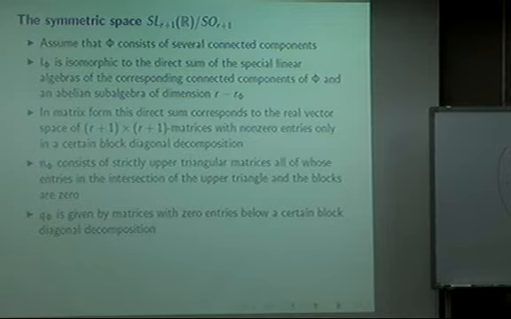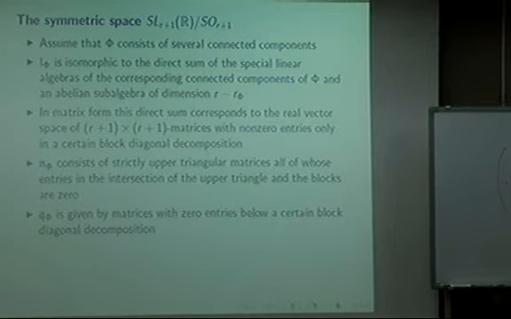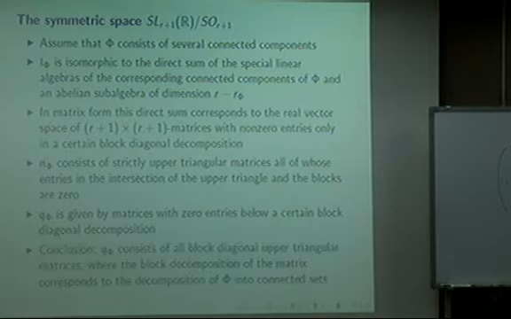What looked a bit complicated in terms of root spaces is a general algebraic construction for something that is quite elementary in the case of special linear matrices. So the conclusion is: every parabolic subalgebra consists of all block diagonal upper triangular matrices where the block decomposition of the matrix corresponds to the decomposition of phi into connected sets.